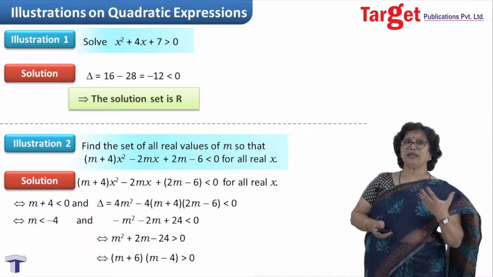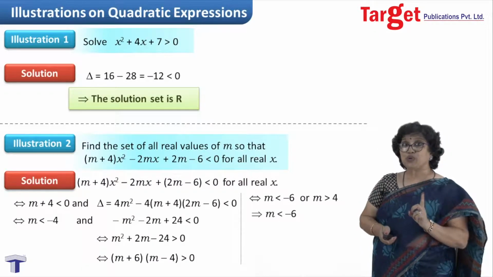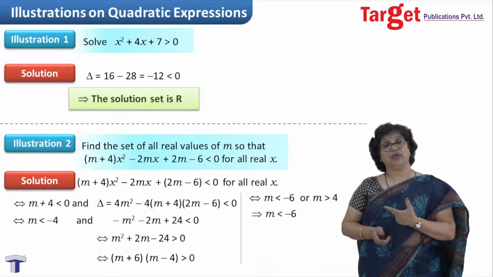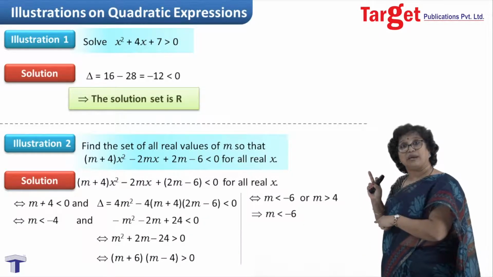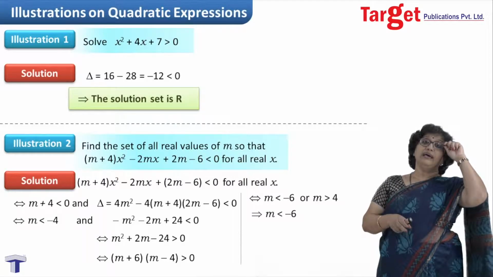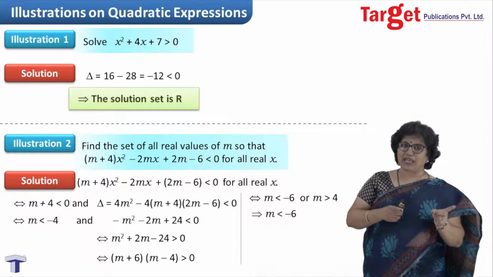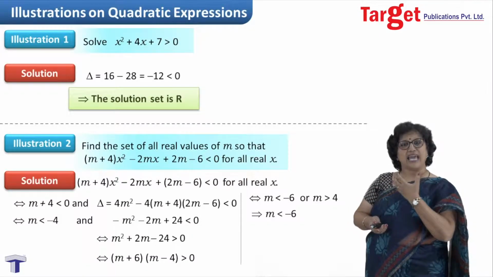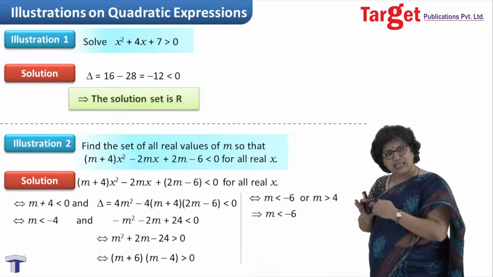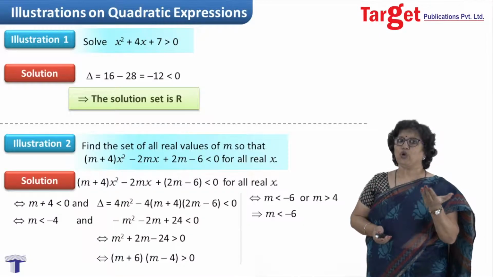What is it? Is it not a rational inequation? Yes, you know how to solve it further. Now that leads to m is less than minus 6 or m is greater than 4. Now this needs to be combined with m less than minus 4. Now m less than minus 6 and m less than minus 4, the common portion is m less than minus 6, and all those values of m which are less than minus 6 will make the statement m less than minus 4 also true.